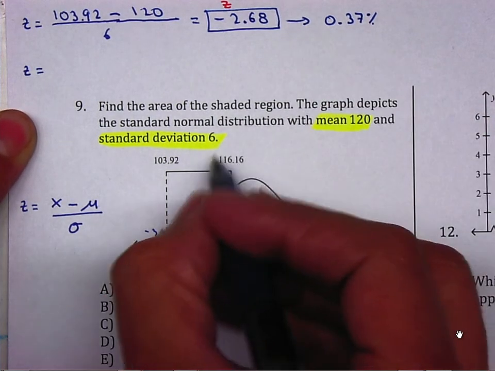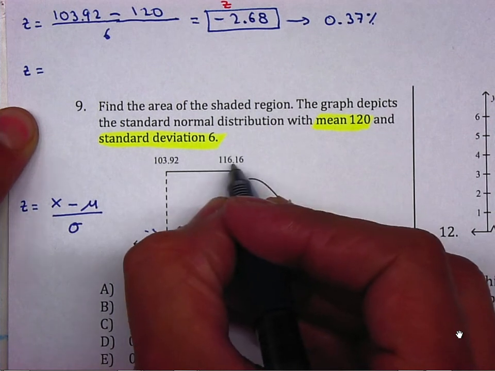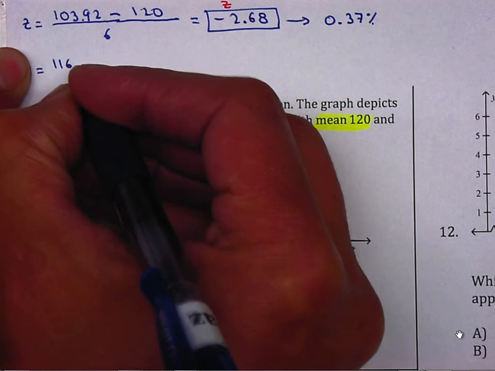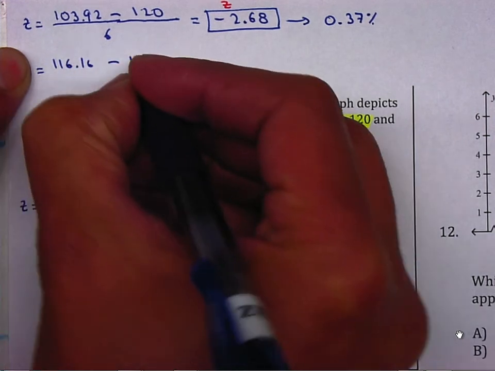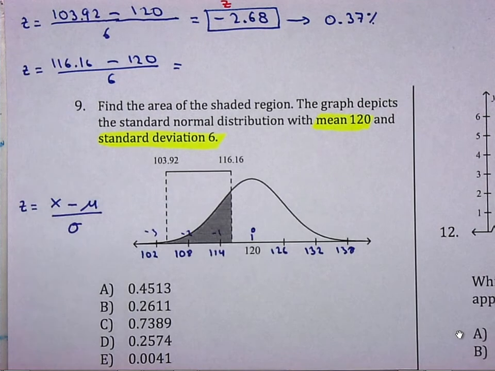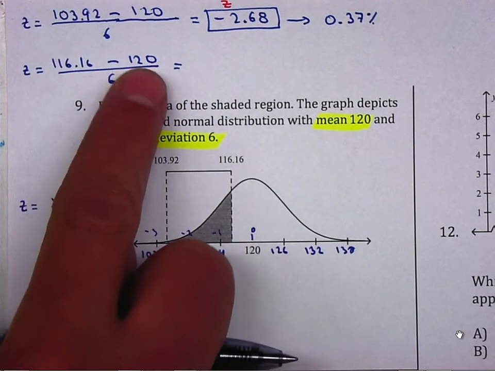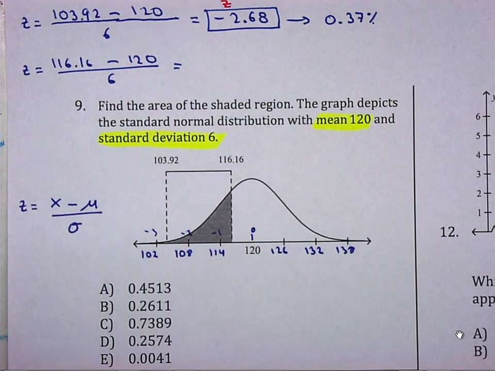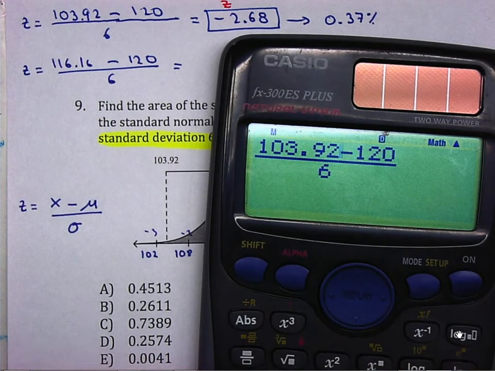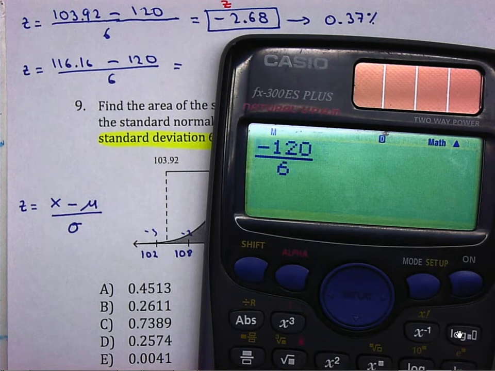Now let's go and do the second Z value using your second X. So it'll be 116.16 minus 120 divided by 6. So this is your X minus your mean divided by your standard deviation. Your X now is 116.16.